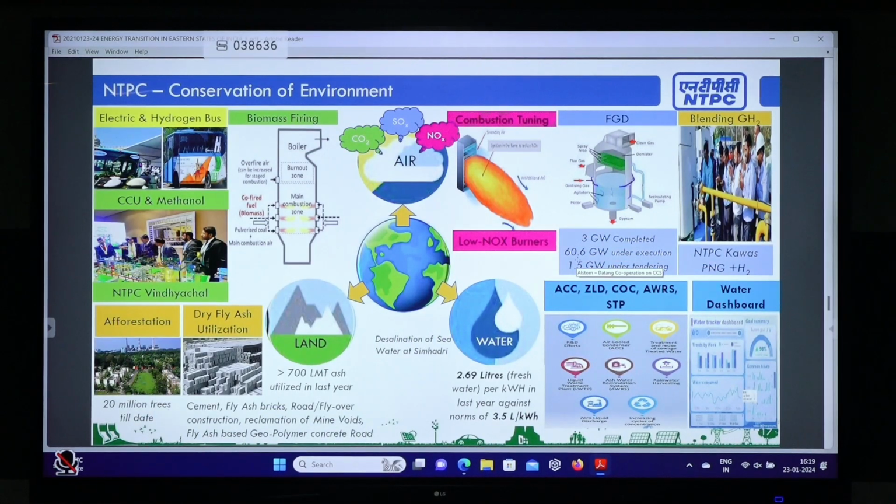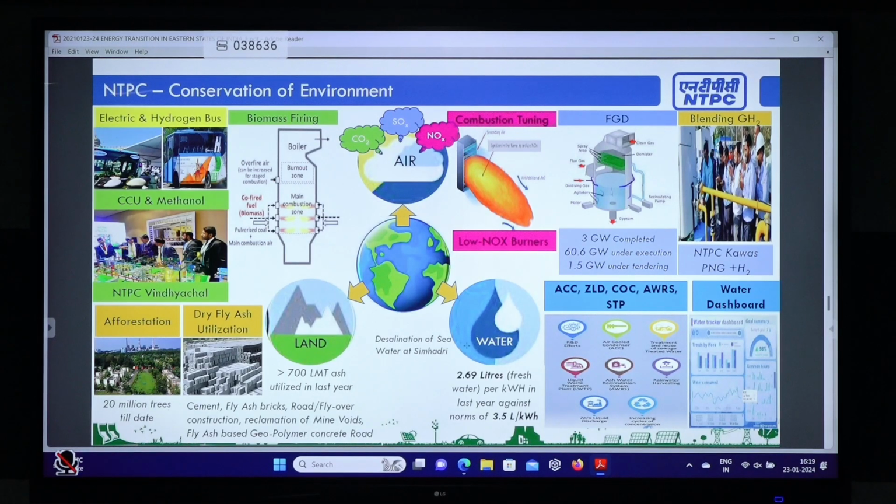So NTPC is concerned about the environment, on all three aspects: land, air, and water. We are the only utility having FGD, flue gas desulfurization units, and DeNOx burners to reduce pollution, then combustion optimization, then carbon dioxide. I have already said how we are reducing water consumption.